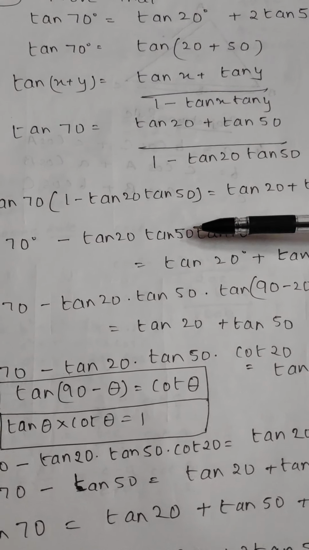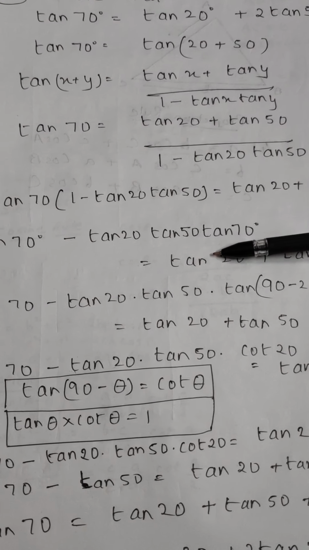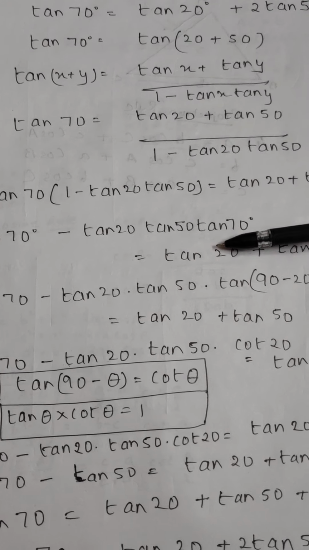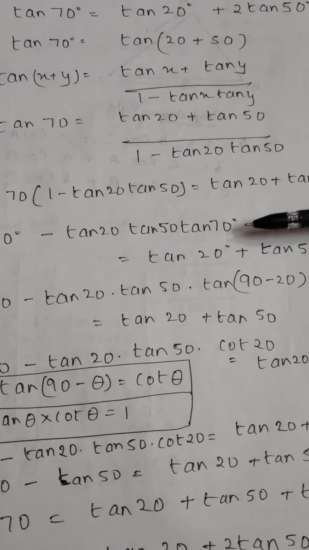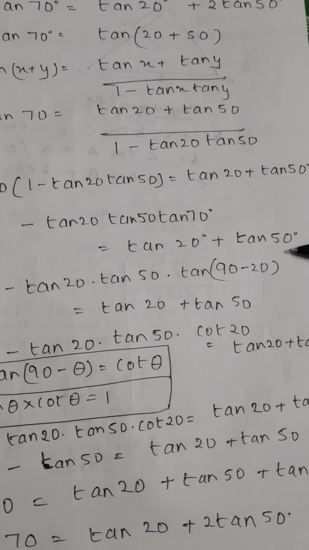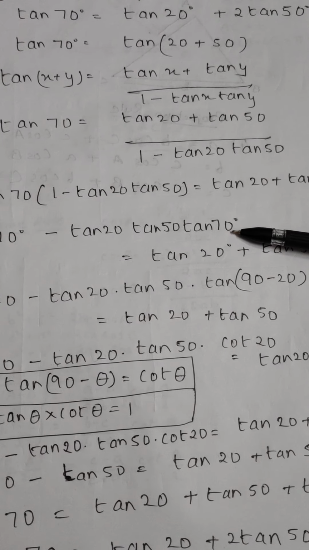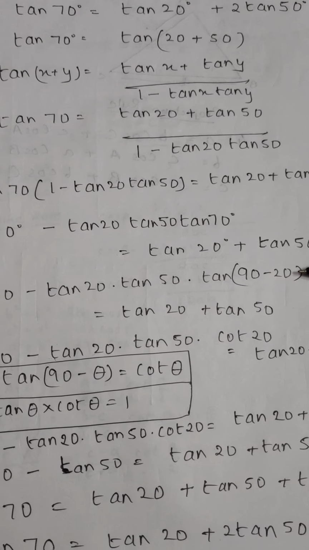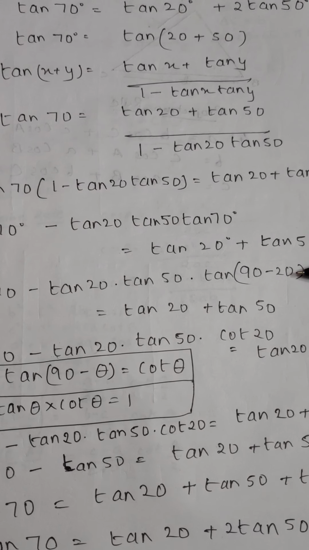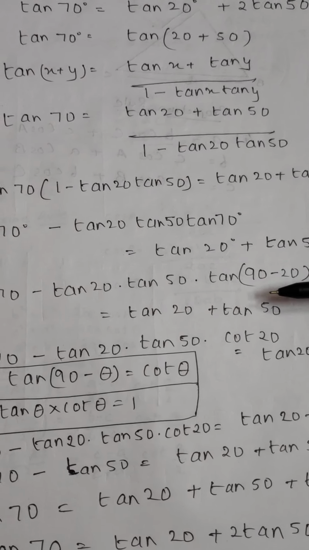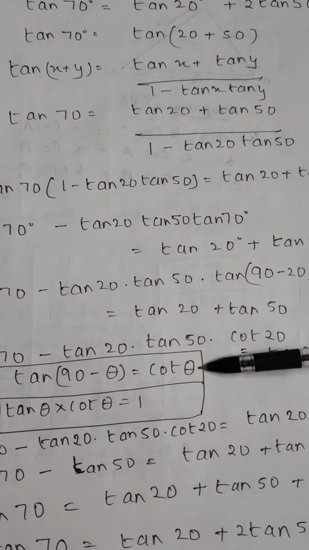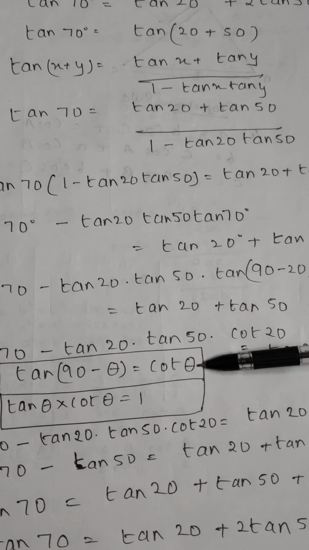So multiplying tan 70 inside the bracket, we get tan 70 minus tan 20 tan 50 tan 70, and the right hand side will become tan 20 plus tan 50. Now we know that tan 70 can be written as tan (90 minus 20), and the formula for tan (90 minus theta) is cot theta.